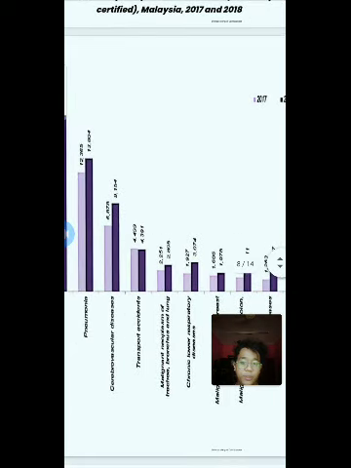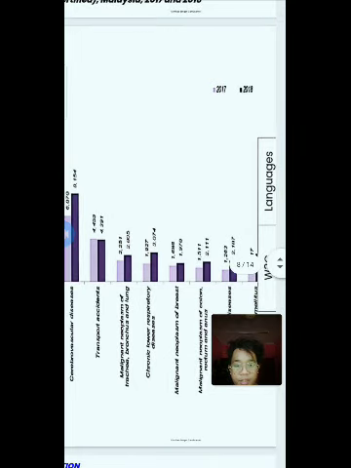Chronic lower respiratory disease. You can see that in 2017, there were only 1,927 deaths, but in 2018 it grew to 3,074. It grew up a little bit. The next one is malignant neoplasm of breast.